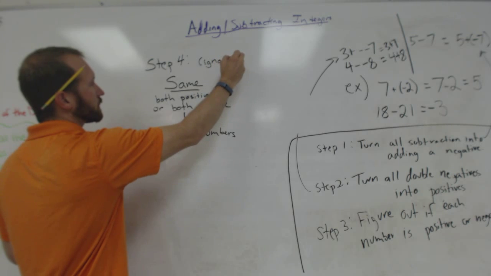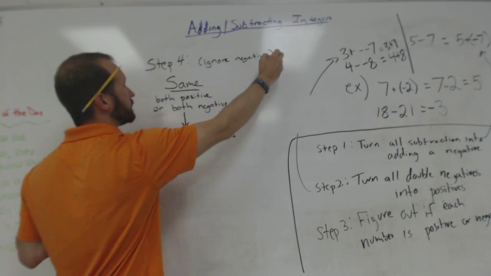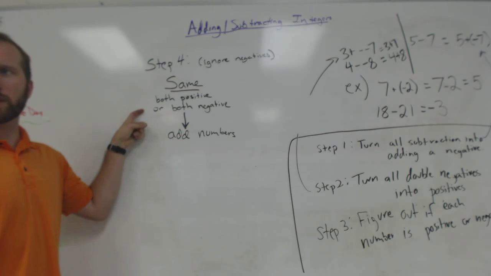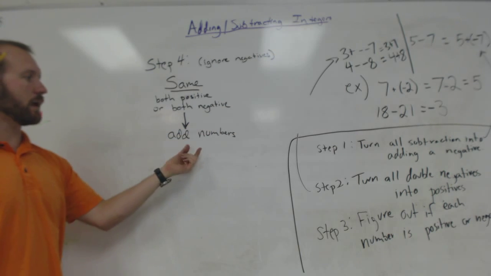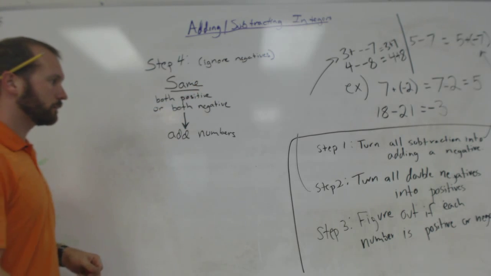It's going to be a little confusing to write it here. That's why I'm putting it in parentheses. We're remembering if they're both positive or negative, but then when we add the numbers, we're ignoring those negatives. And then you put it at the end.